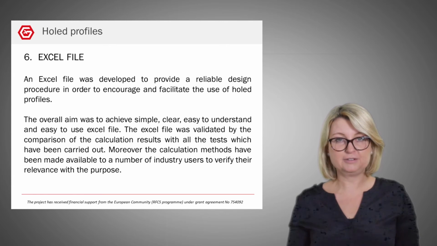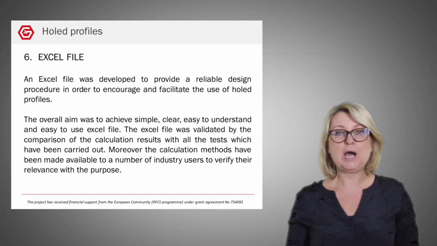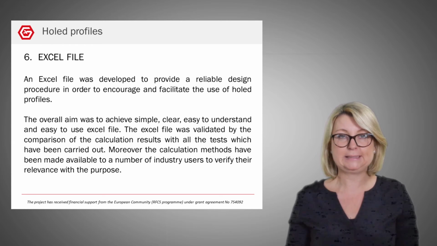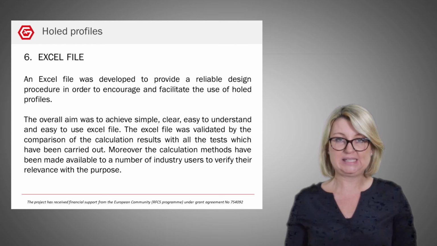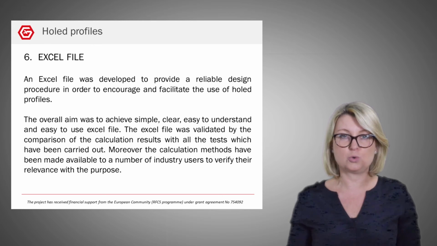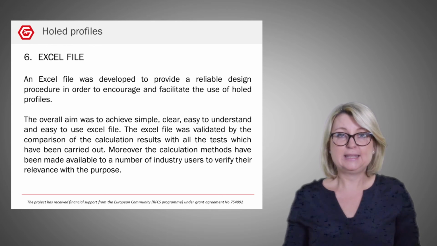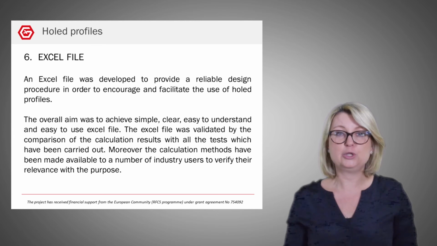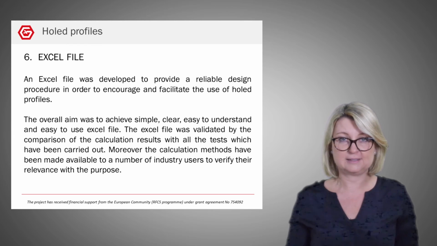For the final part of this presentation, I would like to introduce the Excel file which was implemented within the GRISP project to calculate the span moment resistance of a profile with a circular or a square hole. This file was developed to provide a design procedure in order to encourage and facilitate the use of holed profiles.